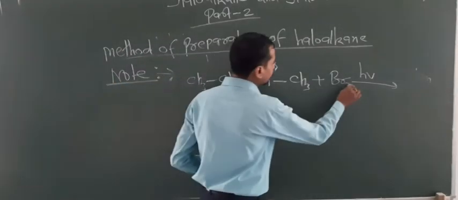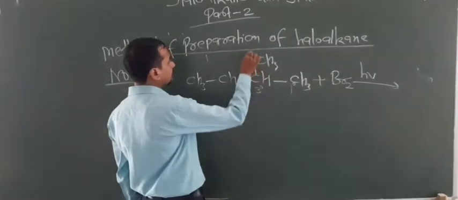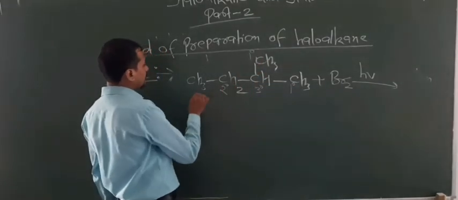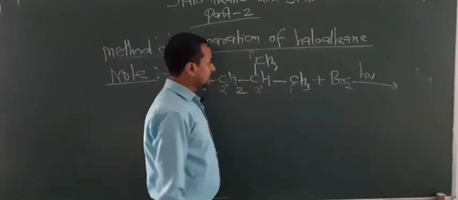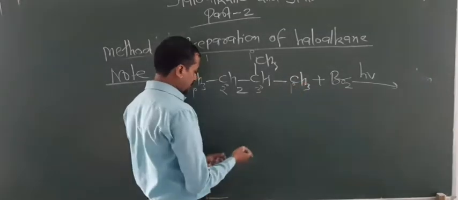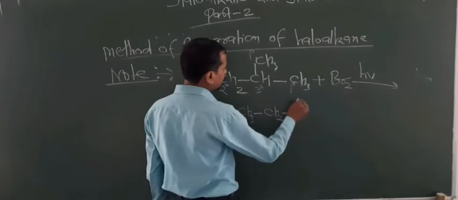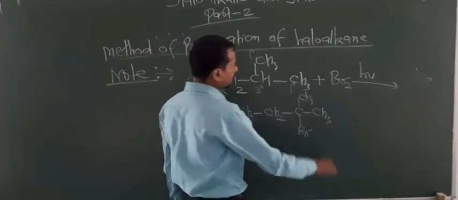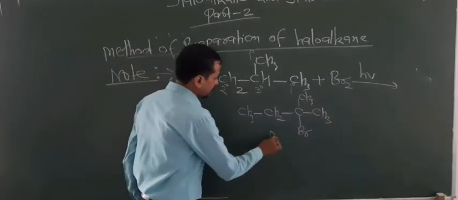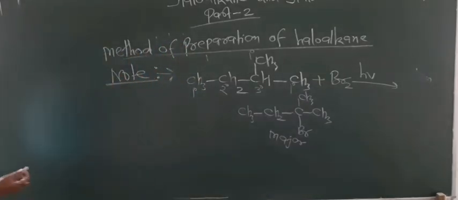Look at the conditions. This is 1 degree carbon, 3 degree carbon, 1 degree carbon, 2 degree carbon and 1 degree carbon. This 3 degree carbon has 1 H, that is 3 degree H. So the replacement of this H takes place by Br, and this is the major product. So by the reactivity order you can find the major product in halogenation.